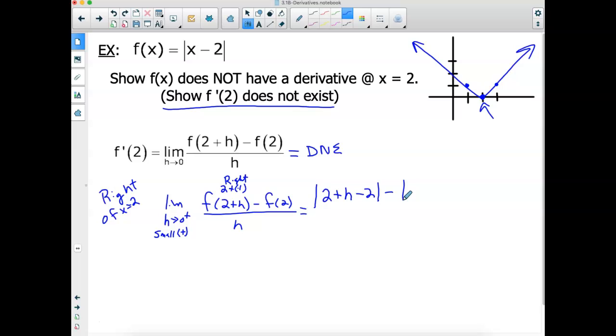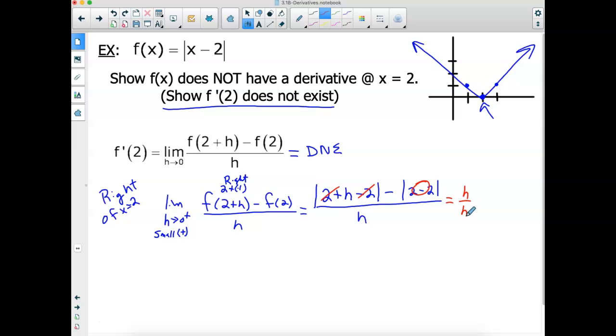Well, f of 2 is just the absolute value of 2 minus 2, all divided by h. Inside the absolute value, those go away. 2 minus 2 is a big fat 0. So what I get here is h over h.